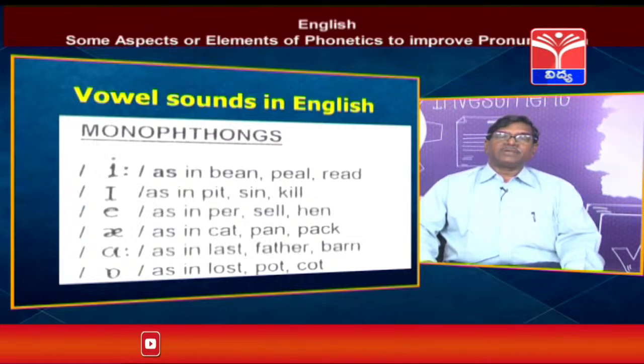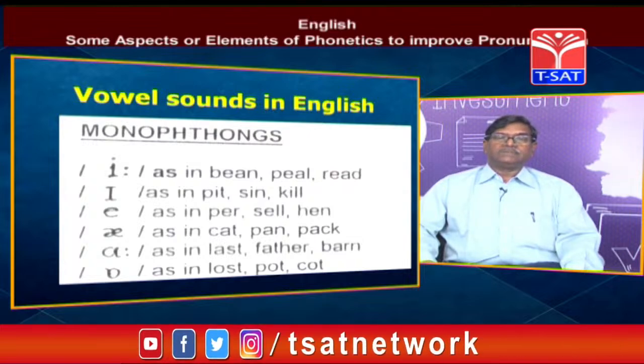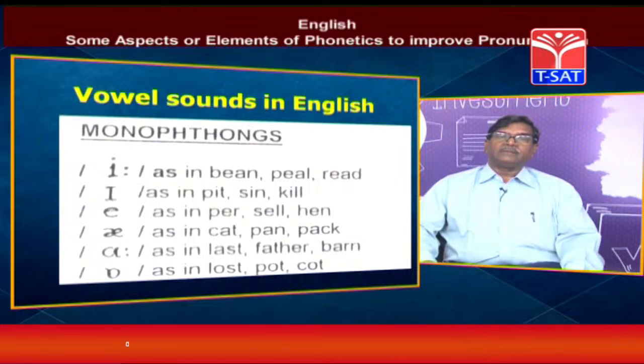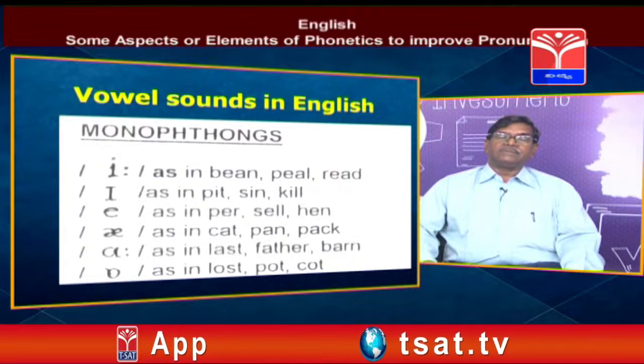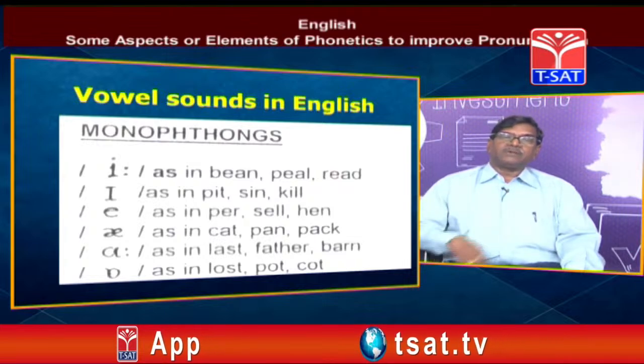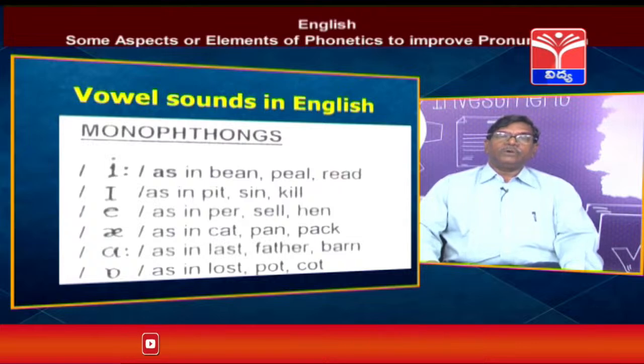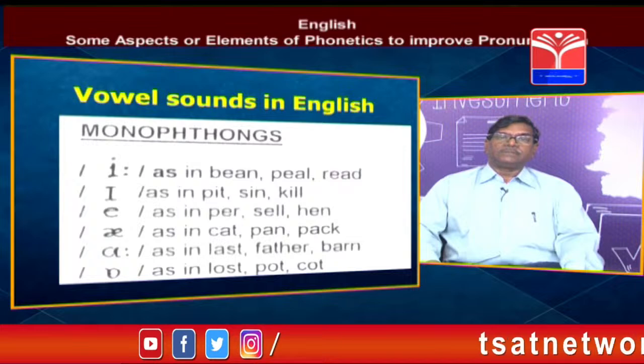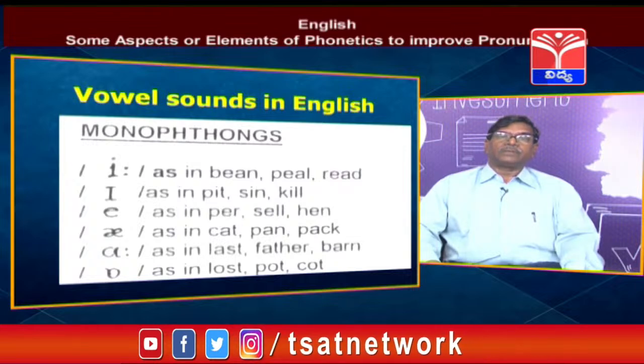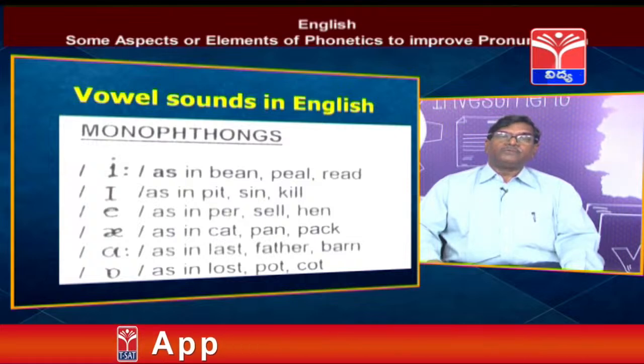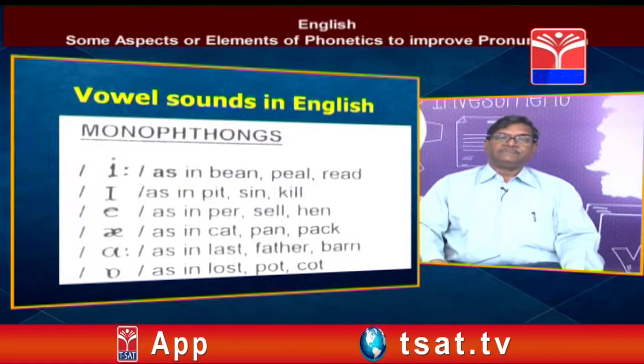In Indian languages, we have O and then elongated O. In English, there is no lip rounding when we utter this O sound. So, that is the symbol of the sound O without lip rounding: lost, pot, caught.